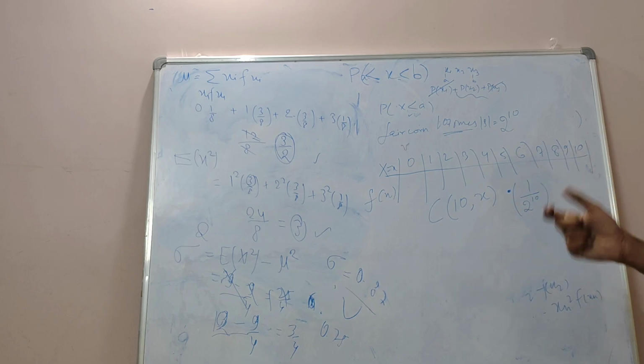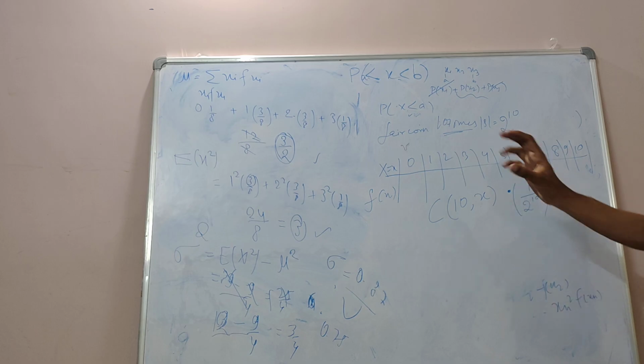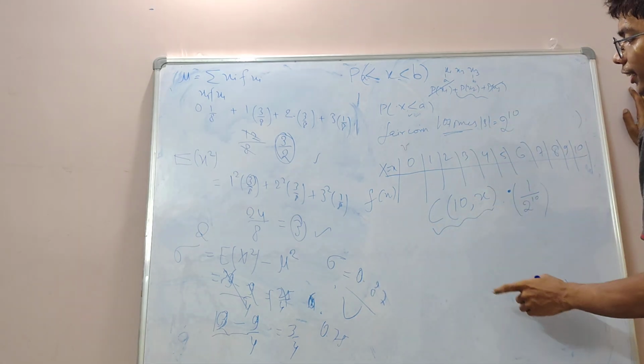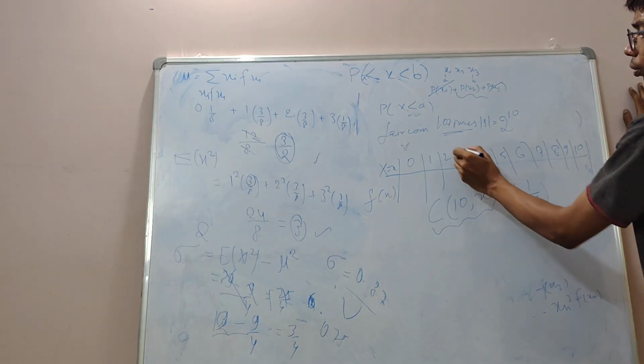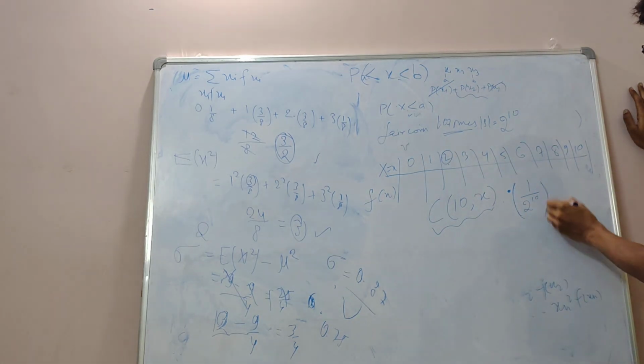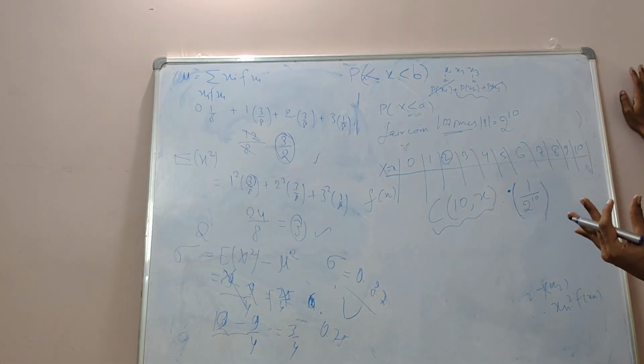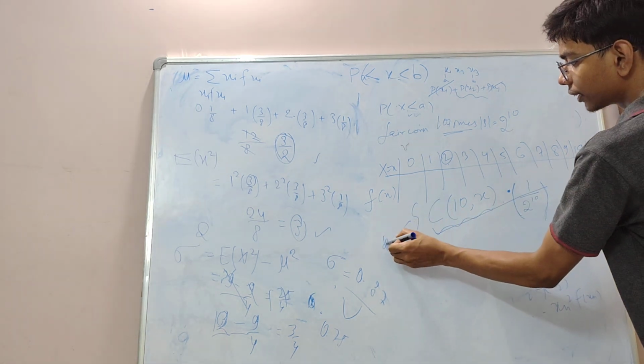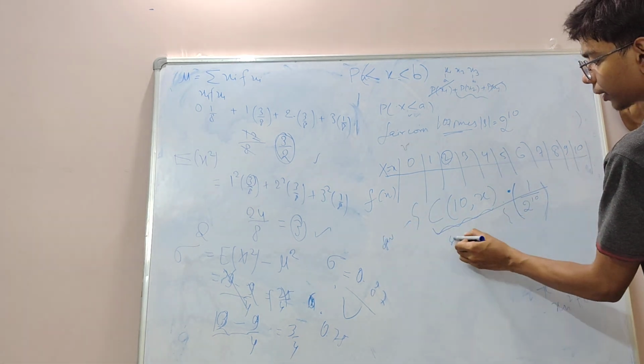So this is combination of 10 and x for getting that particular variable, and this is for getting that out of the sample space. So this is the favorable condition, and this is my sample space, right?